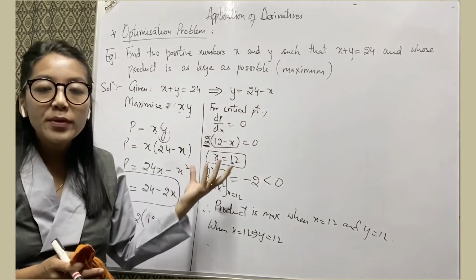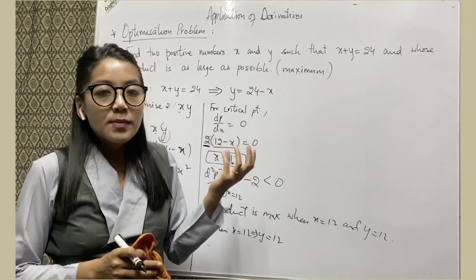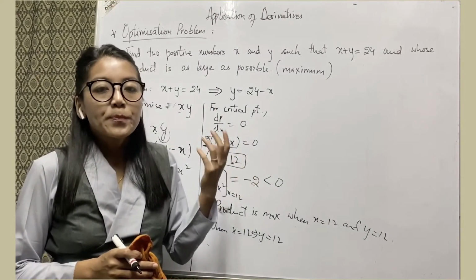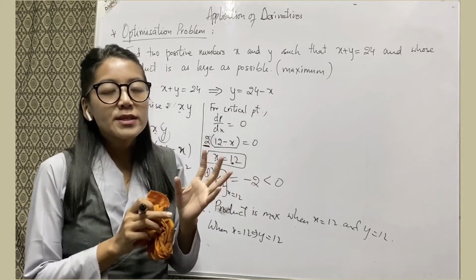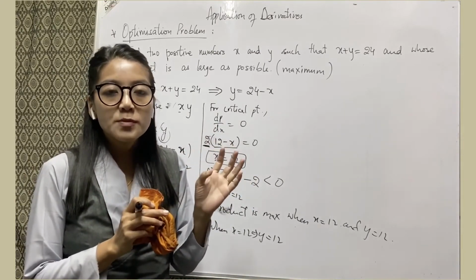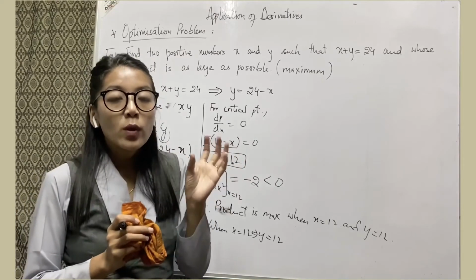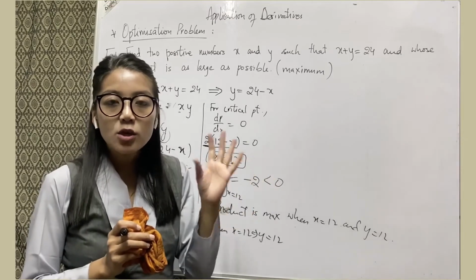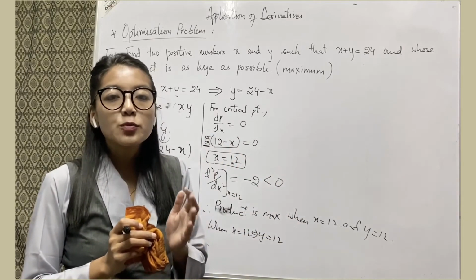Okay, so now I will repeat one thing. In all types of optimization problems, there will be two quantities in the question. Always, for all types of question in optimization problems, you will see two quantities in the question, where one of the quantities is given, it's constant, and the other quantity is to be optimized.